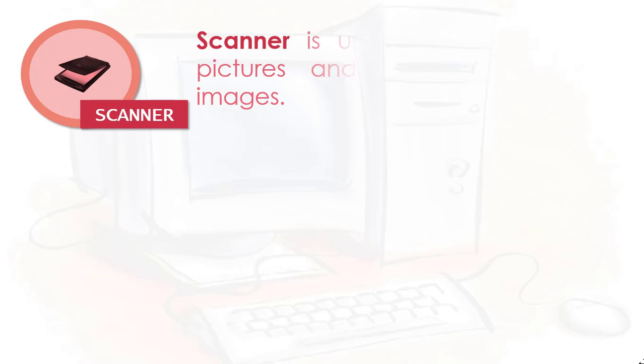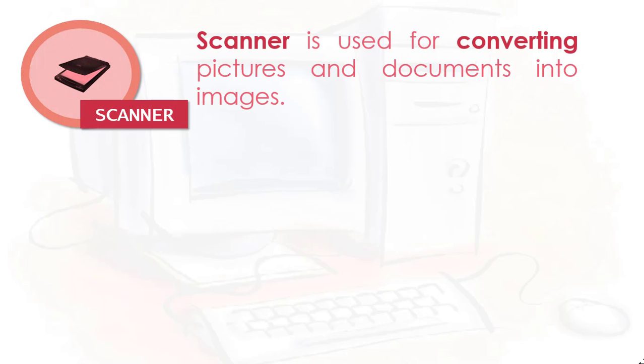Next one is a scanner. Scanner is used for converting pictures and documents into images. If we want to store our homework in the computer system, at that time we just click photos, right? And save them to the computer system, right?